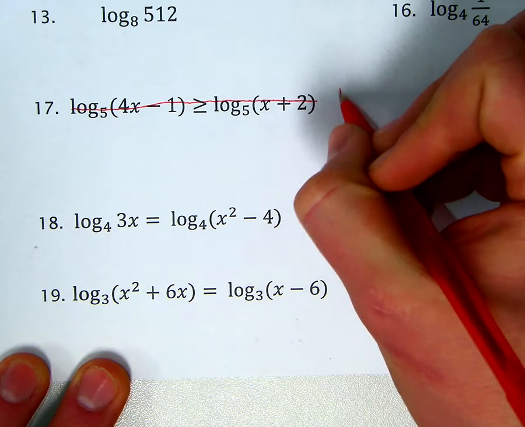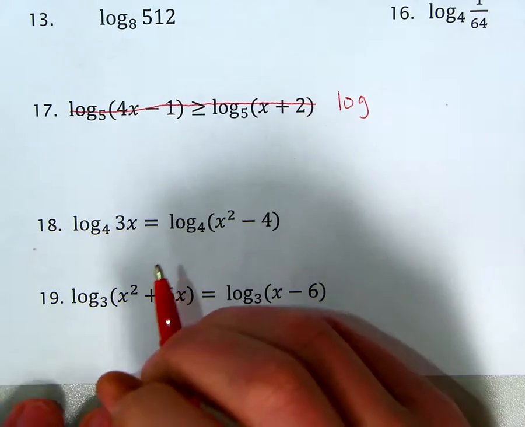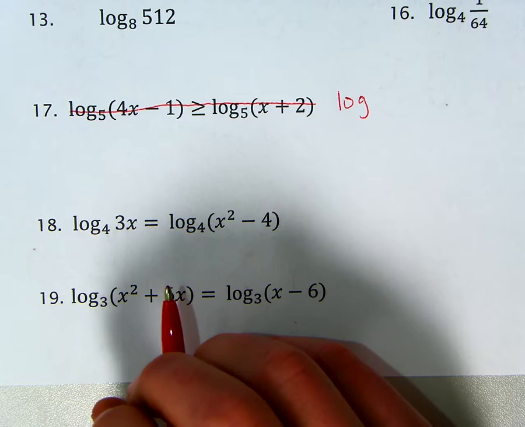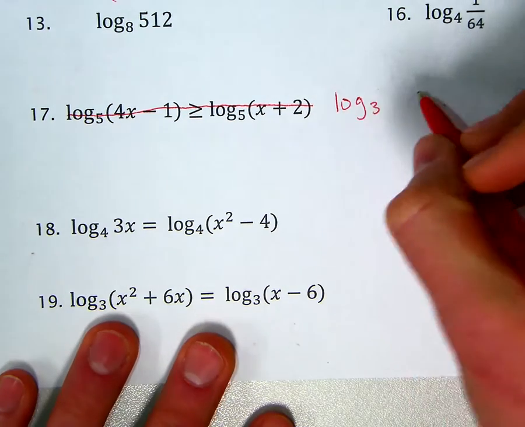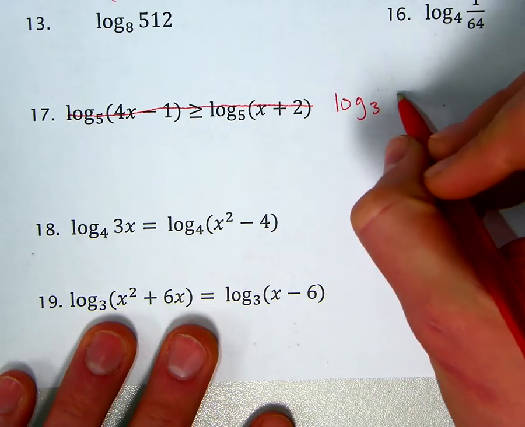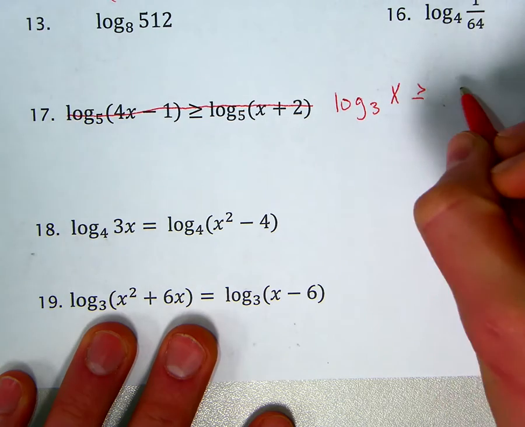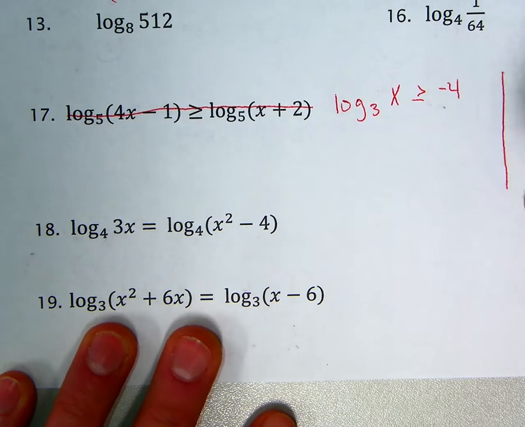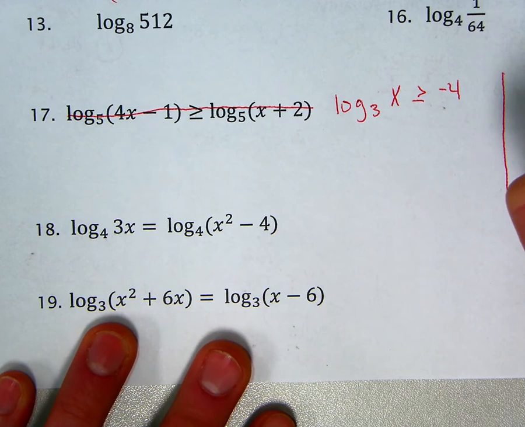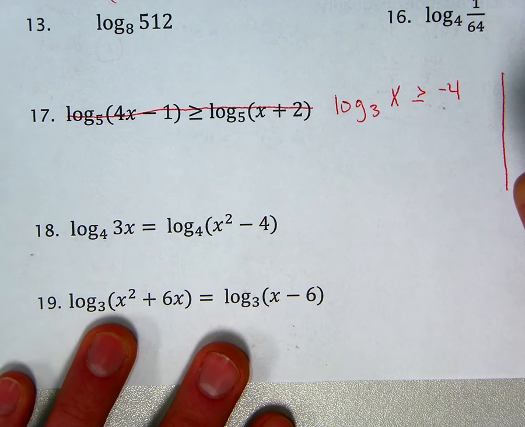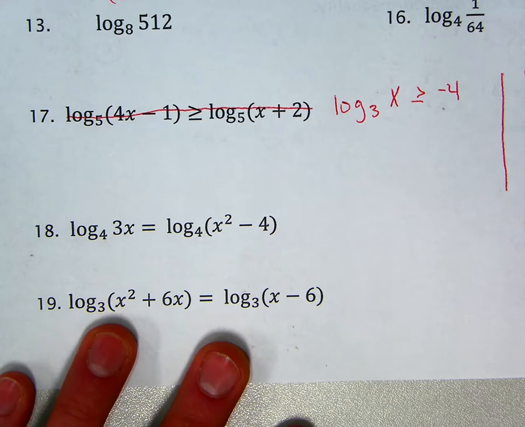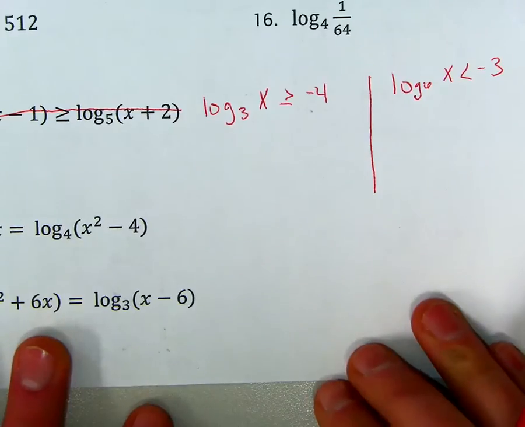Let's have you do log base 3 of x is greater than or equal to negative 4, and log base 3 of x is less than negative 3. So you have two problems like that then.